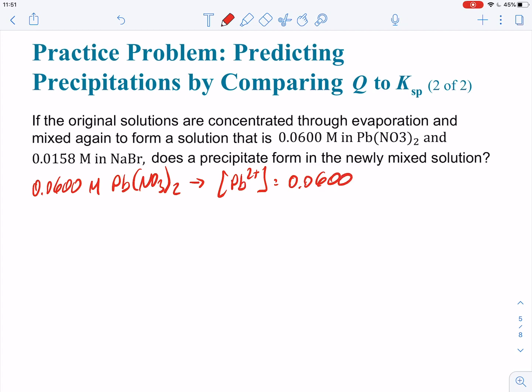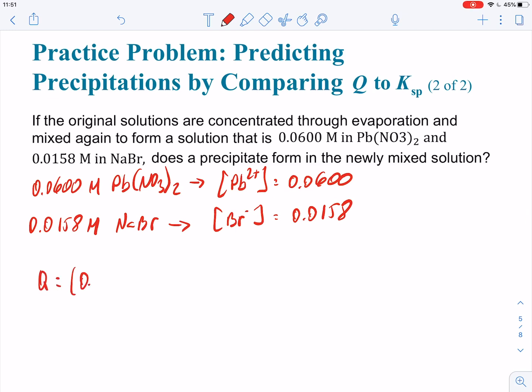And if you have 0.0158 molar sodium bromide, that means the concentration of bromide is 0.0158. Q is going to be equal to 0.0600 times 0.0158 squared. Remember, this is lead, this is bromide.